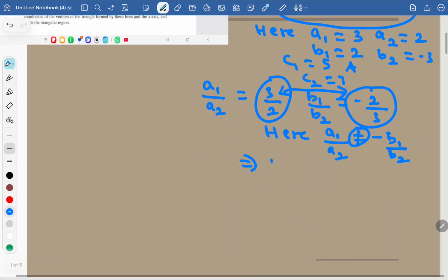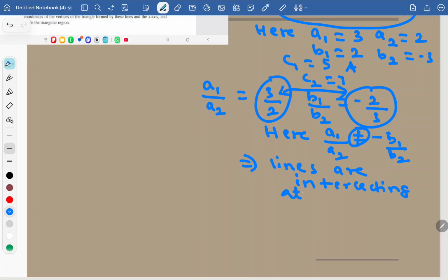Therefore, the lines are intersecting at a point.